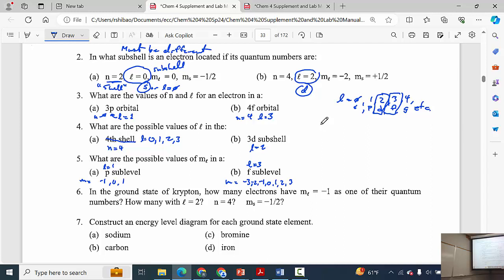And so I have 1, 2, 3, 4, 5, 6, 7. 7 possible values, which means there's 7 orbitals. Here I have 3 possible, which means there are 3 p orbitals.